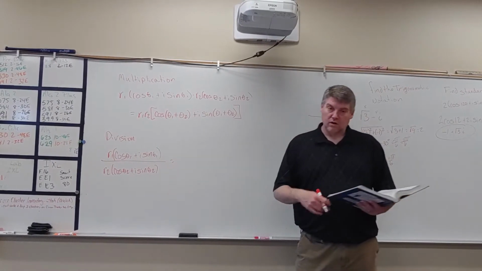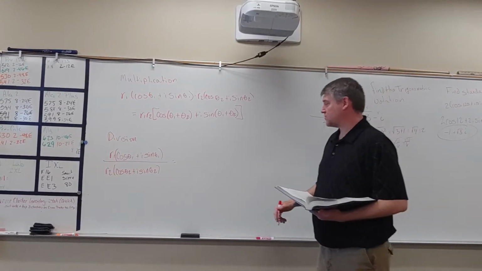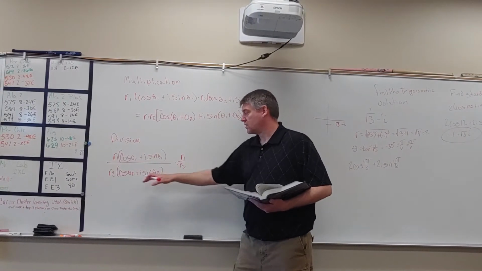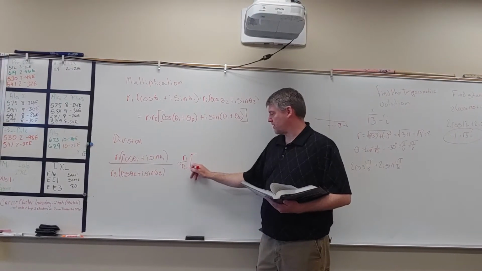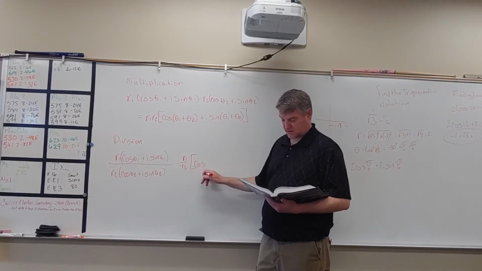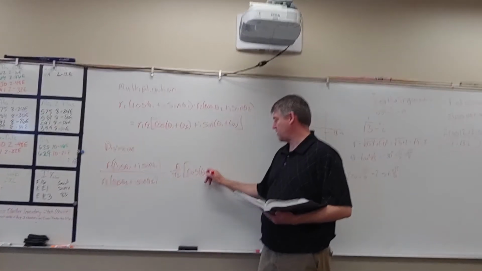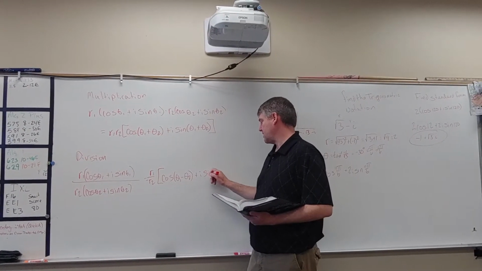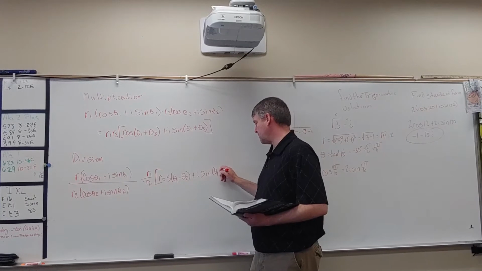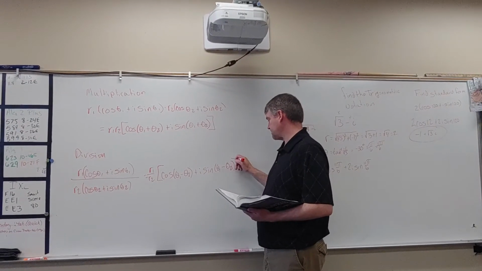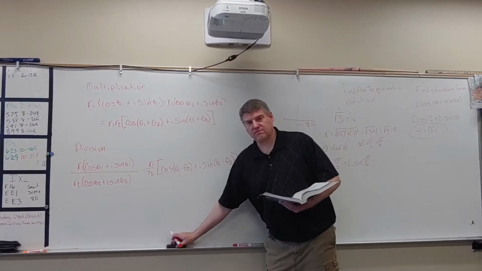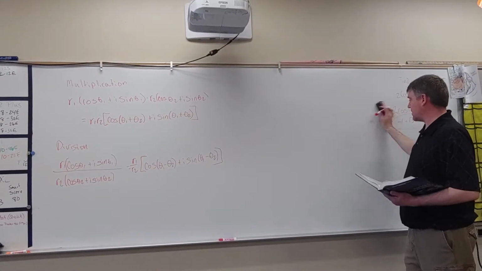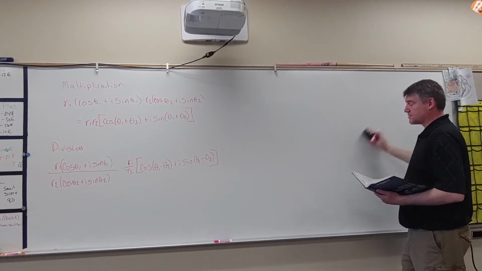We're going to have something similar to what you'd expect: R1 over R2, a division here. But now we're going to have the difference of the angles. So I have cosine of theta 1 minus theta 2 plus I sine of theta 1 minus theta 2. So that gives me my formulas to find the product and the division of complex numbers.